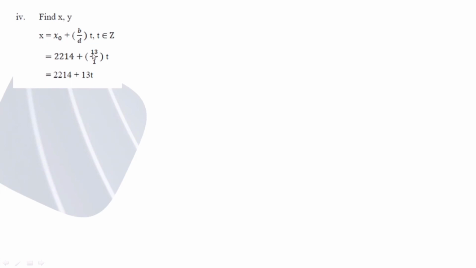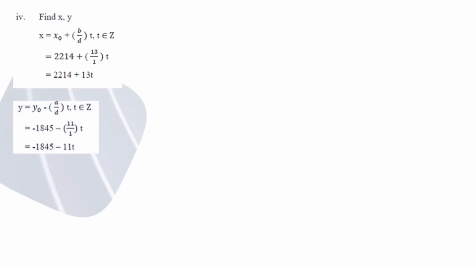At the earlier part, we have replaced the value of b is equals to 13, and d here stands for 1 times t. So we will get the equation as 2214 plus 13t to find the value of x.